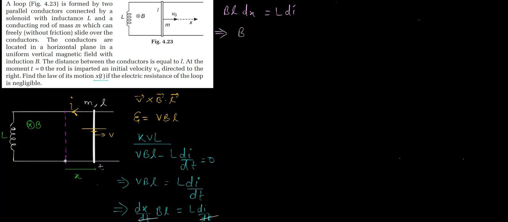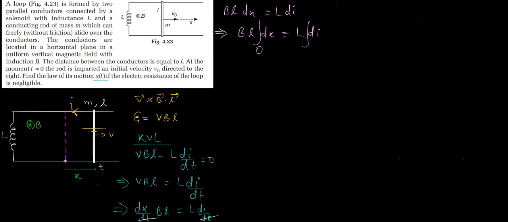So if we integrate it here, Bl integral dx is equal to L integral di. So at x is equal to 0, when the rod initially was there, then current will also be 0. Why will current be 0? Because initially there is no flux linked with this solenoid, and we know flux does not change suddenly.